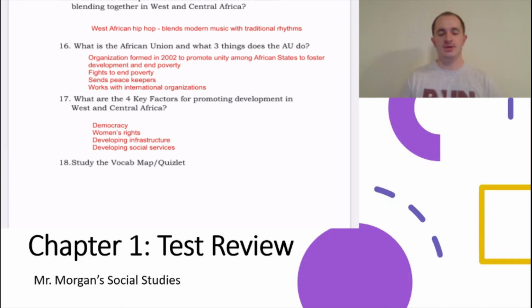Number 16, what is the African Union, which is one of our vocab words, and what three things does the African Union do? So the African Union was an organization formed in 2002 to promote unity among African states, foster development, and end poverty. So one way it fosters development is through fighting to end poverty through economic plans and free trade agreements, sending peacekeepers to ensure that there is not too much fighting in African countries when it comes to civil wars or political uprisings.